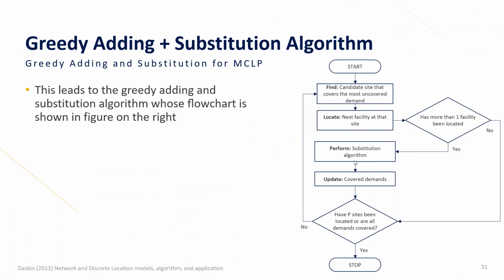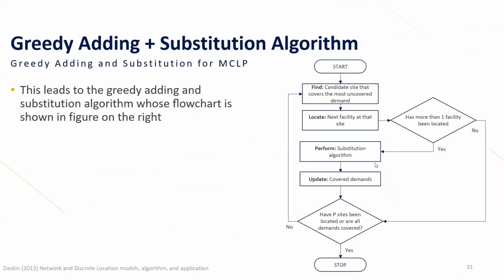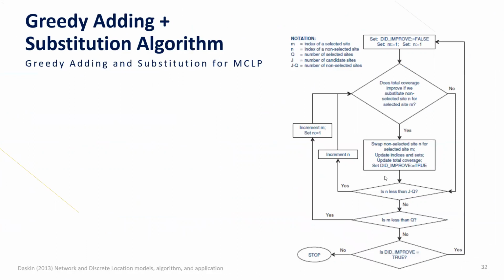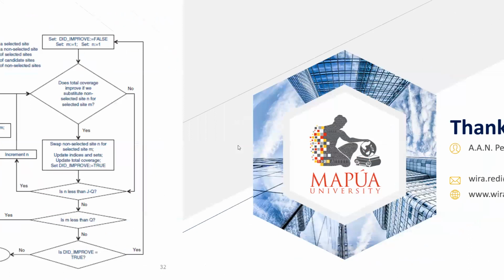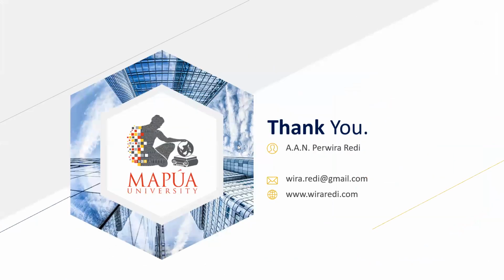The substitution algorithm has another flowchart, and we will implement that also. At least I can give you the code for implementing this substitution algorithm. It can significantly improve from an average solution to a much better solution. Okay, I think that's it for this week.